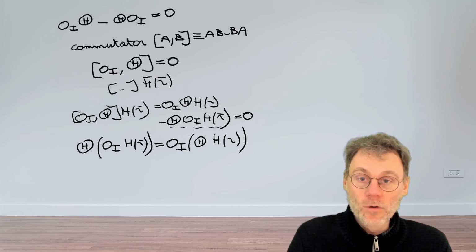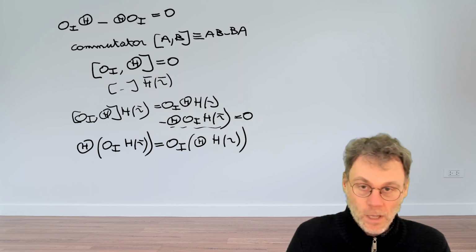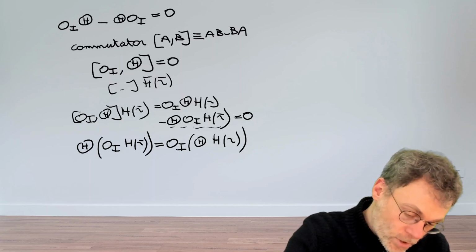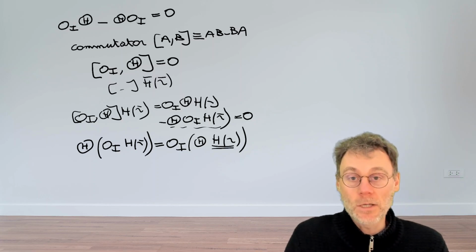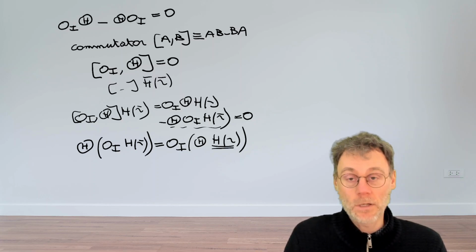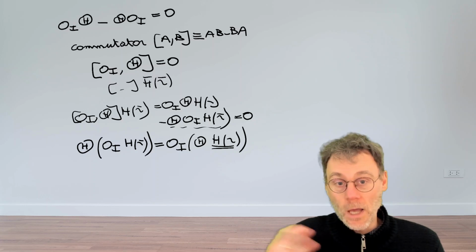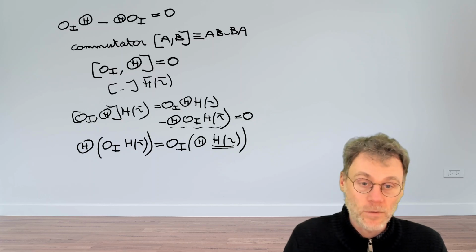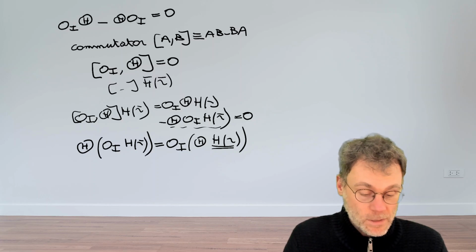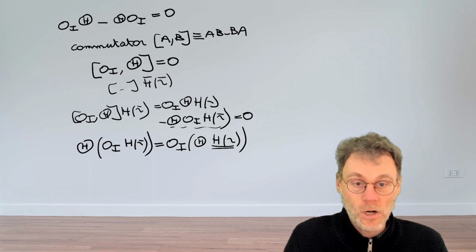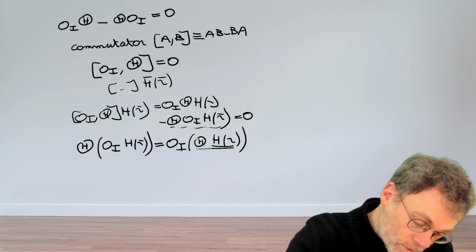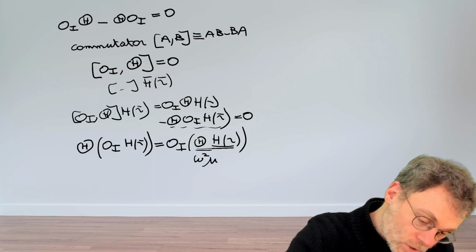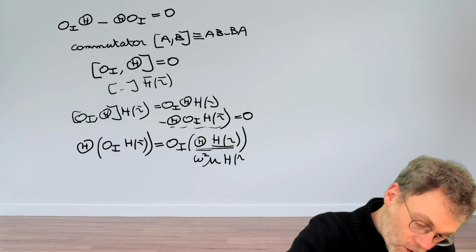Let's now start to make use of the fact that we're not looking at an arbitrary h of r. No, we're looking at an h of r which is a solution to Maxwell's equations. And that also means it's a solution to the eigenvalue formulation of Maxwell's equations. So we can write that theta of h of r is actually going to be equal to omega squared mu h of r, like so.